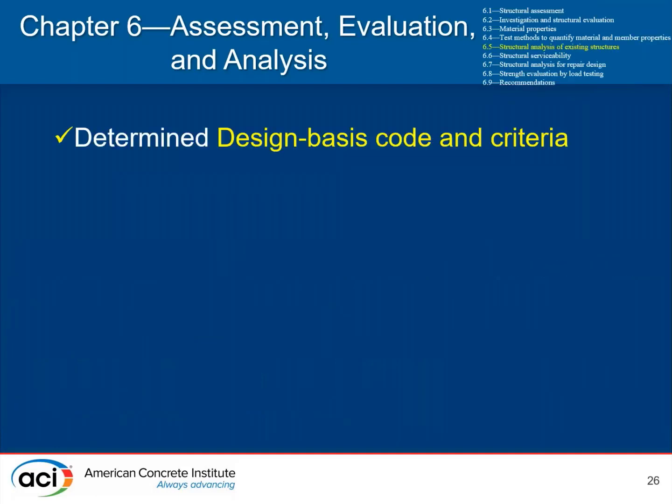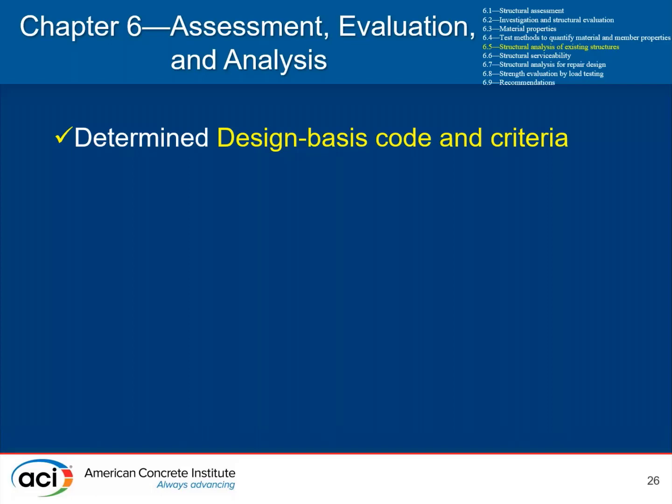So after the design basis code and criteria are determined, and I know Mike talked about that in part 2, there are a variety of conditions that are evaluated to determine what the design basis code is. Is it the current code? Was it the code during initial construction?